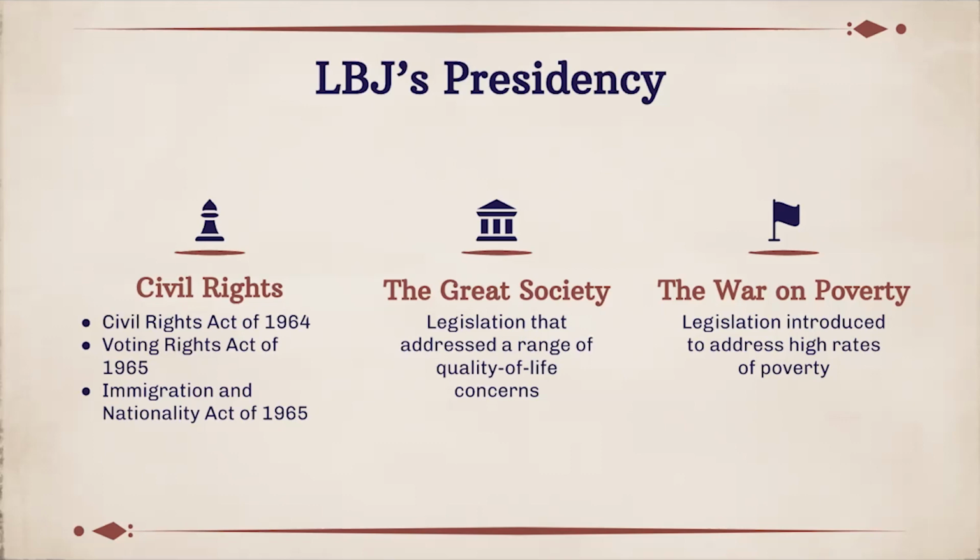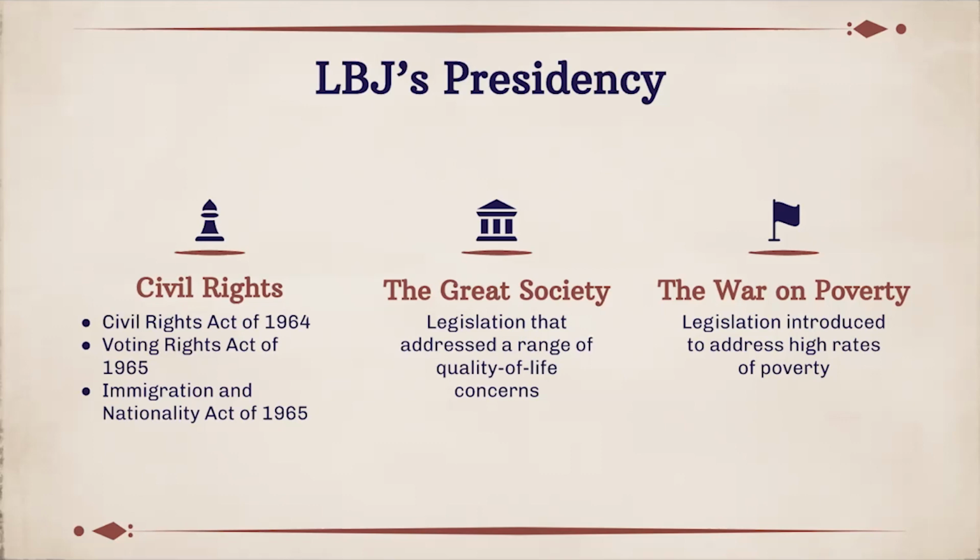Lyndon B. Johnson's Great Society really focused on quality of life concerns, and that possibly makes sense based on how he described it. Remember, he said that he wanted to be the president who educated children, helped feed the hungry, and who helped the poor. Well, these legislations address things like the first federal food stamp program, which came out of the Great Society.